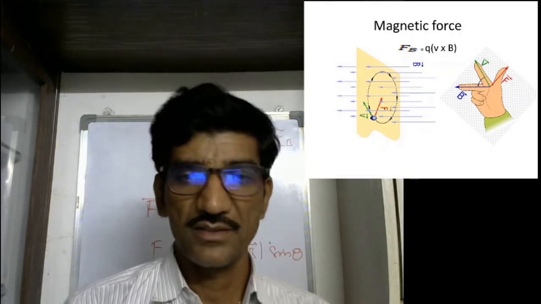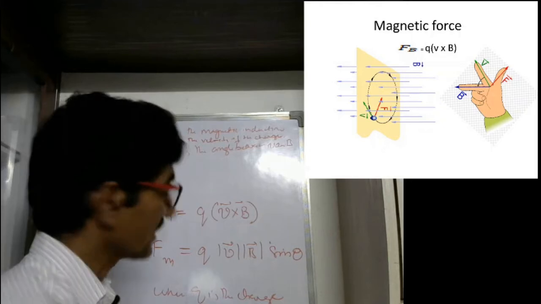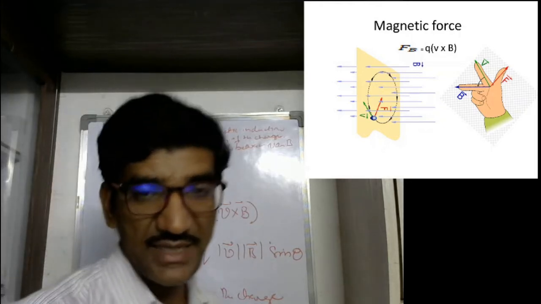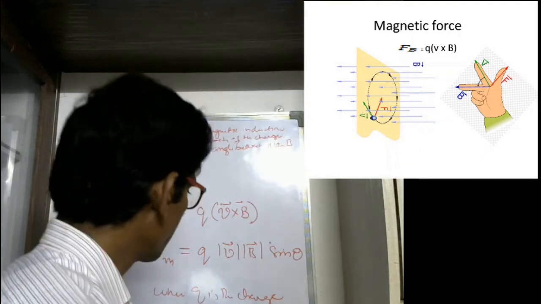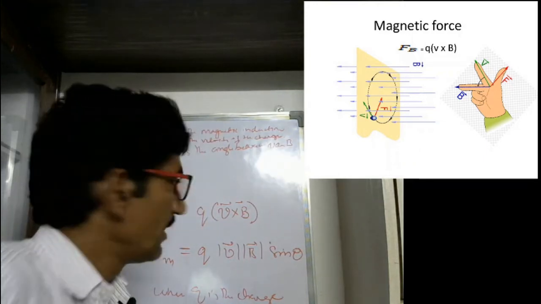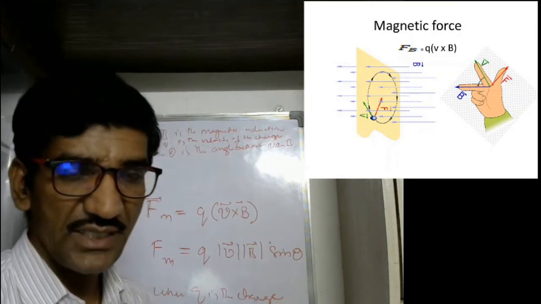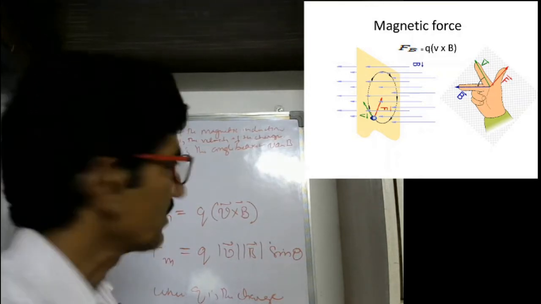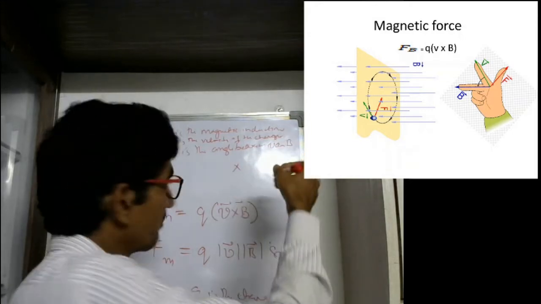That means V gives you the direction of motion of the charged particle. B is the direction of the magnetic field. In how many ways can we show the direction of the magnetic field into the paper, or out of the paper? This gives you the field direction into the board, into the paper.